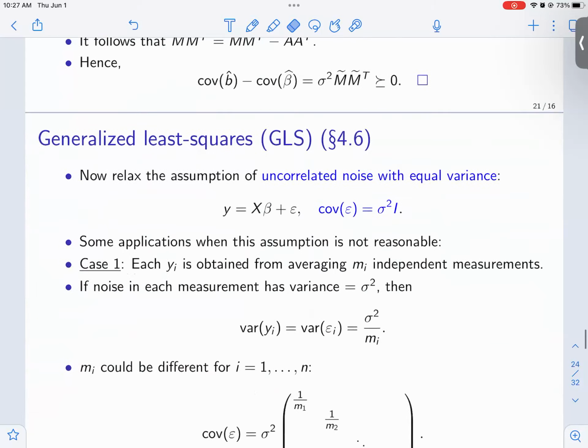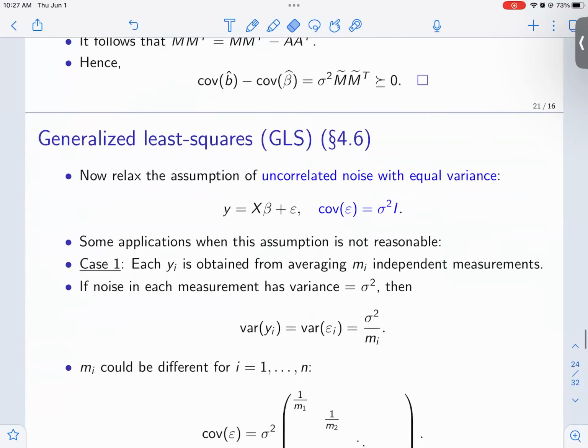If I average m_i independent measurements, generally when you average, you reduce the variance by how many you average over. So you can think of the noise as being averaged. Maybe originally they were equal variance, but now that I averaged over the measurements, I get sigma squared over m_i. So this could easily happen.